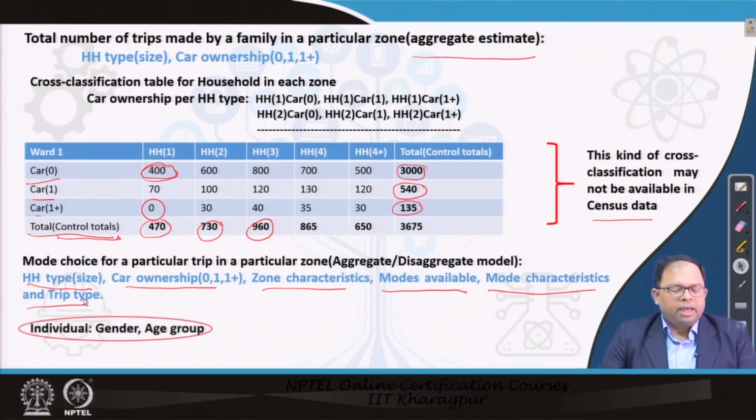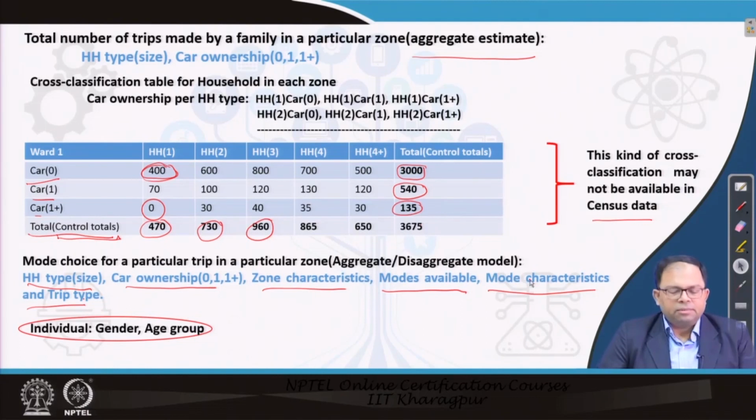Now, if we say individual, then again there are two characteristics, like for example, the gender of the individual and the age group of the individual, which may also play a role in the mode choice. So, that means we need to predict the mode choice for an individual of a certain gender, of a certain age group, belonging to a certain household type, also having certain number of cars for that particular household, and then zone characteristics, modes available, and so on.